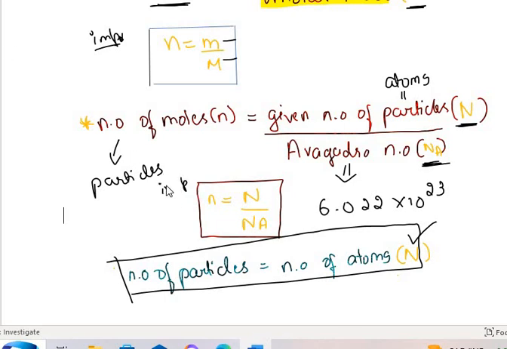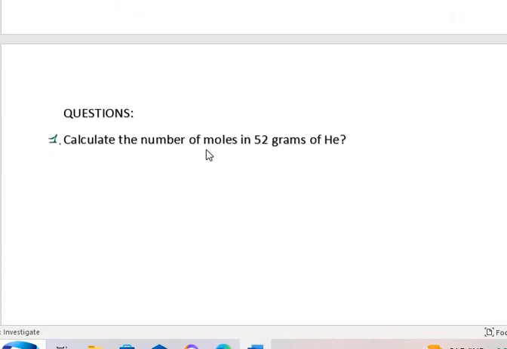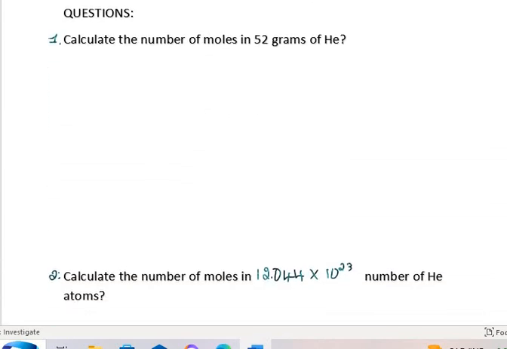Next we'll go to the problems. The first one is very simple, applying the first formula. Here we need to calculate the number of moles in 52 grams of helium.